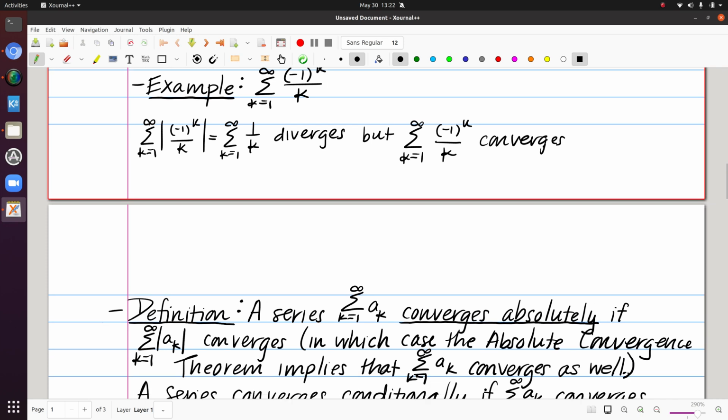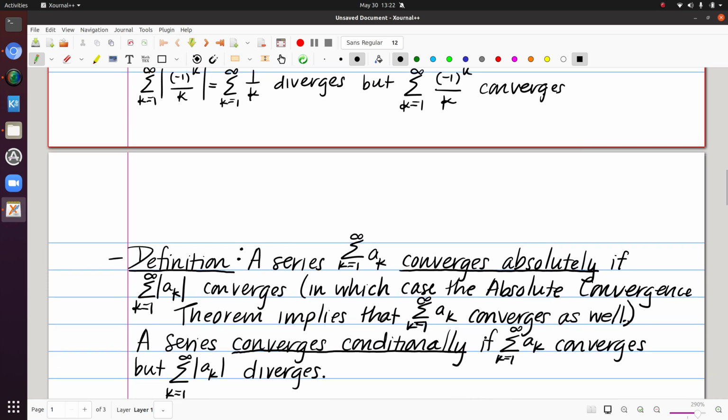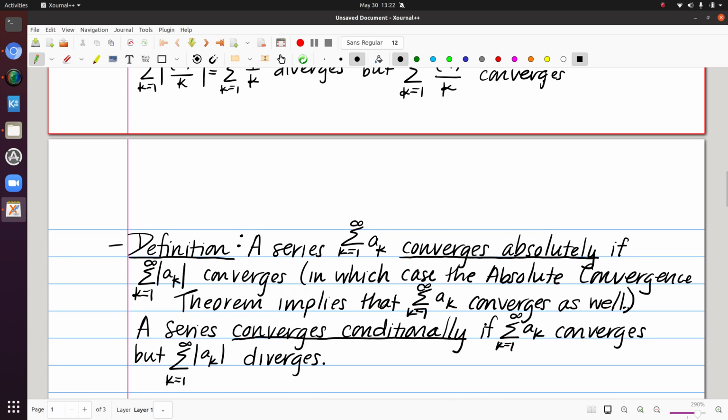Given this notion of the absolute convergence theorem, this leads us to a point at which we can further classify what convergence means. So, of course, we still have our definition of convergence, but we can make categories within. So now when I'm talking about convergence, we're going to break that up into one of two types.